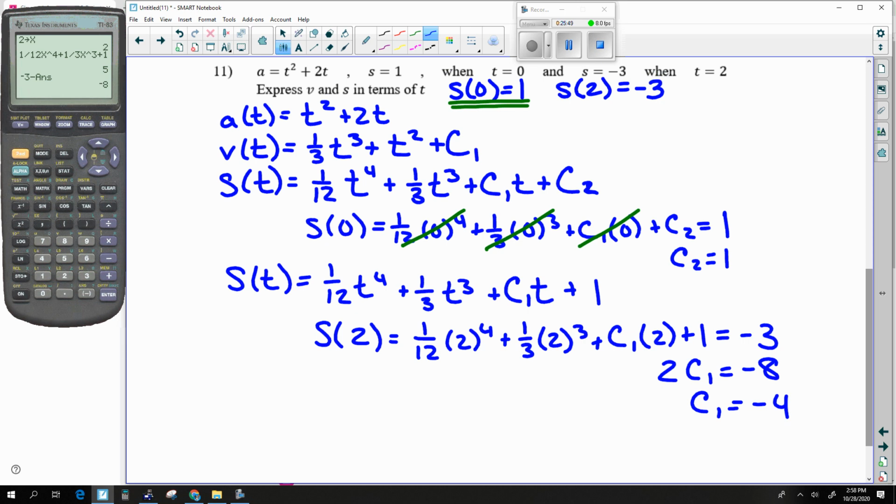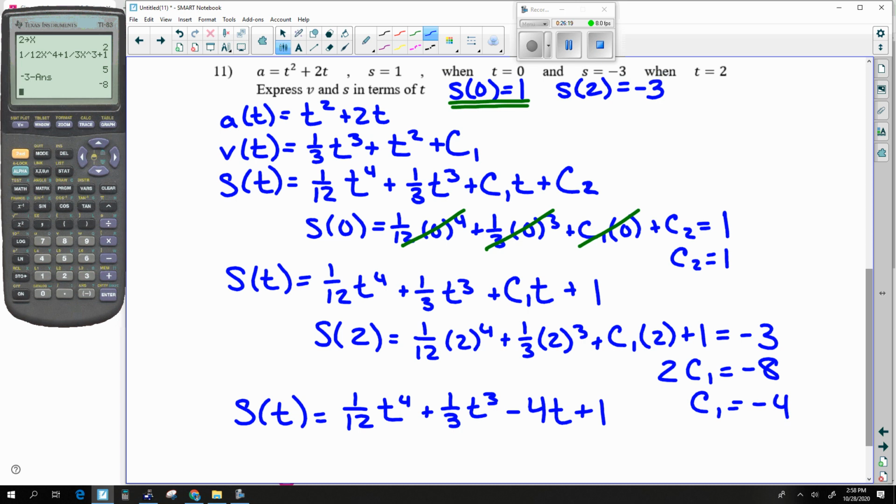Okay, so what did we just accomplish? Well, let's go ahead with our position. Our position is 1/12 t to the 4th plus 1/3 t to the 3rd plus c1, which is -4, so that's going to be -4t plus 1.